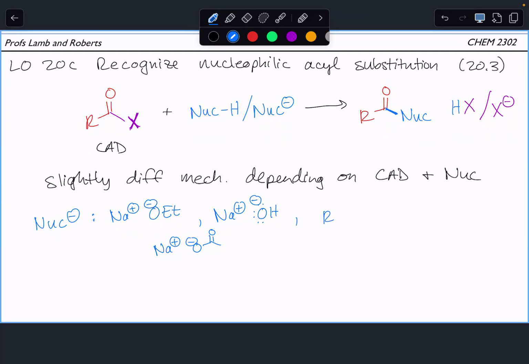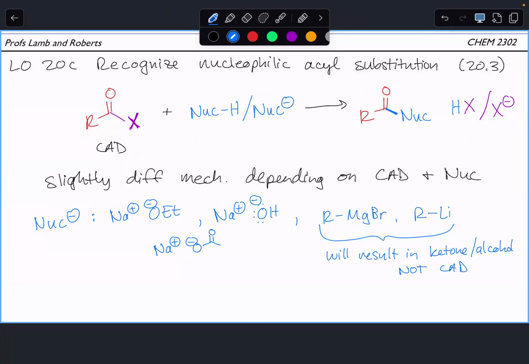It could be a Grignard, right? So organometallics, where you're basically thinking about it as carbon minus. Super, super strong nucleophiles, very basic conditions. In this case, though, this will result in a ketone or an alcohol, not a CAD, because we're making a carbon-carbon bond, so we no longer will have three bonds to heteroatoms.